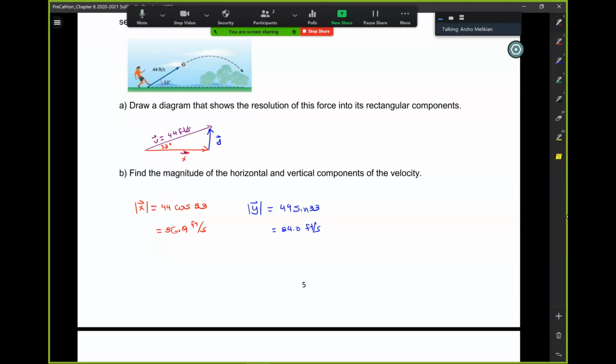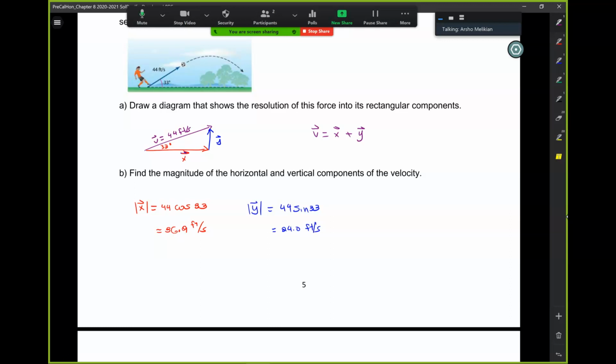Now, here it is. When you talk about vectors, V is the resultant vector, which you get when you add the components. Okay? But now, look at the numbers here.